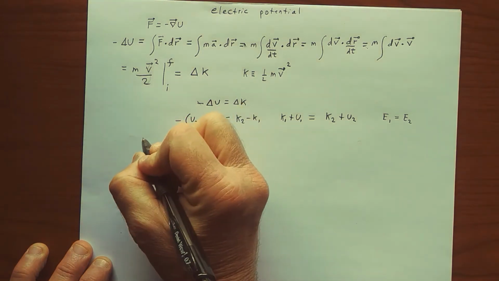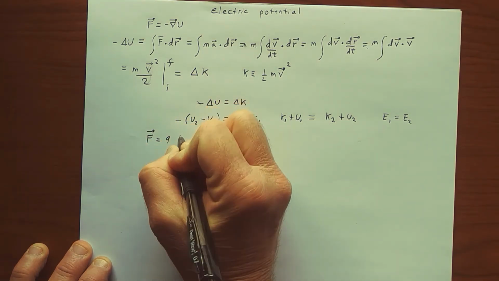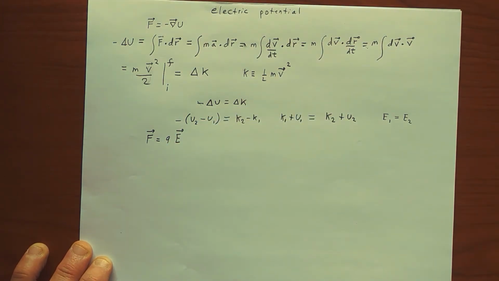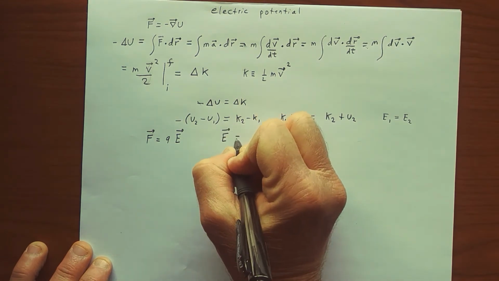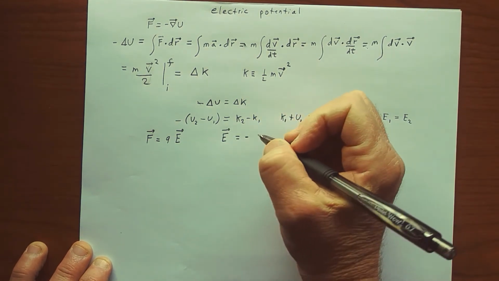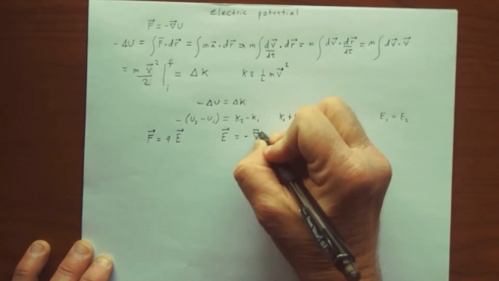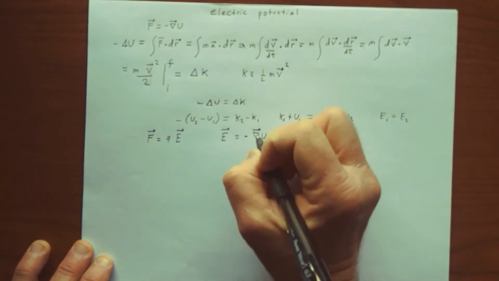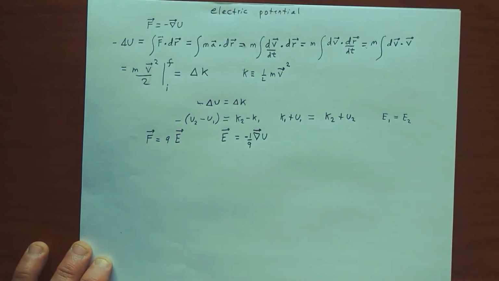Okay, so now let's think of the force that we're dealing with here, which is the electric force. So it's just q, the charge, times the electric field. And the electric field is therefore minus the gradient of the potential energy per unit charge, right? We have to divide out the charge from the force.